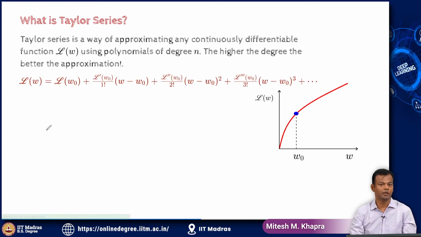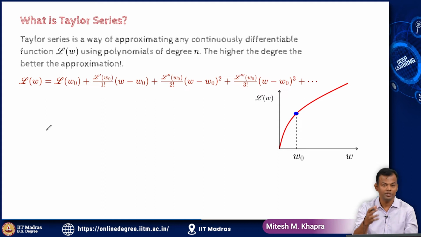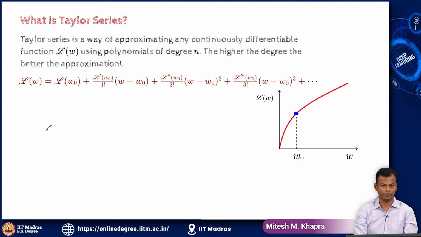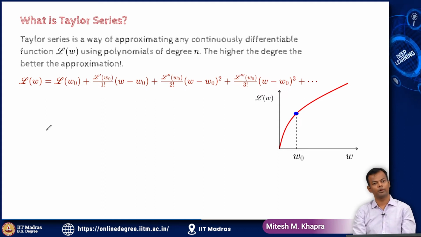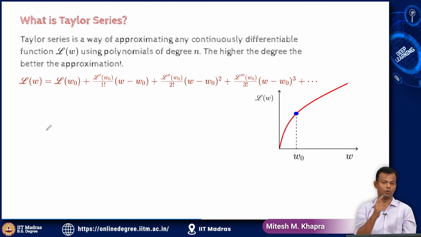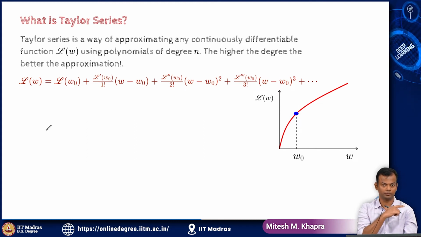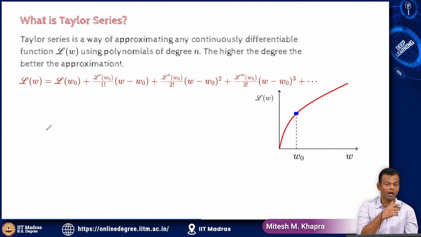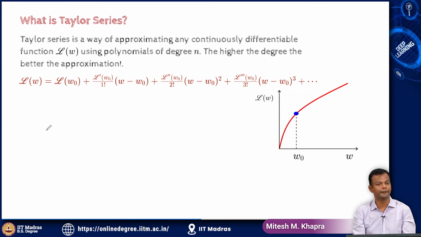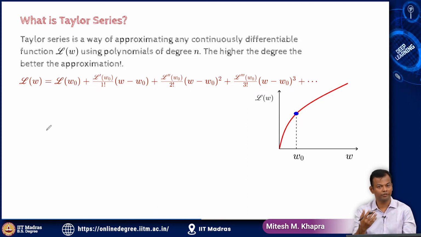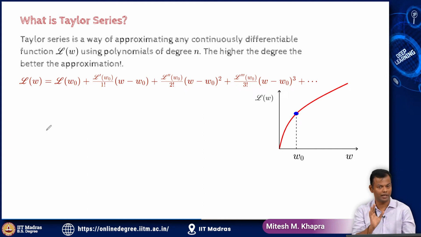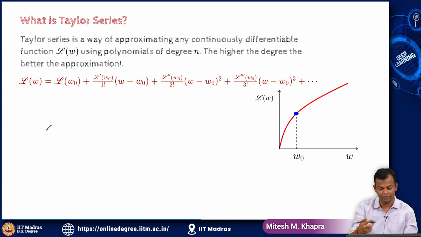Now suppose there is a point w naught at which I know the loss. And where is this coming from? How does this relate to our original goal, which is to find a new value of w such that the loss is less? That will soon get related, but for now I'll give you some intuition.